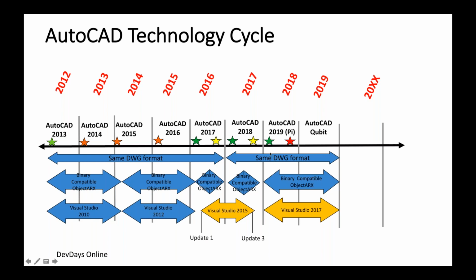Anything beyond this green star here really is our best guess of what's coming in the future. Obviously, we can't completely predict the future, but our expectation at this moment in time is that obviously AutoCAD 2019 is maintaining DWG compatibility with a previous release. At the moment, we're not expecting the DWG format to change next year either.